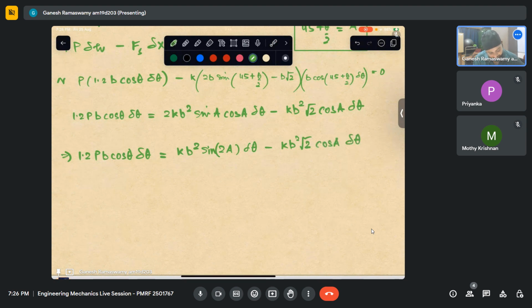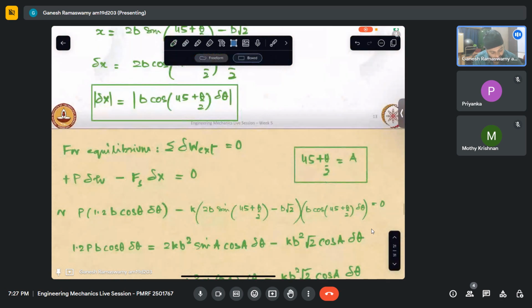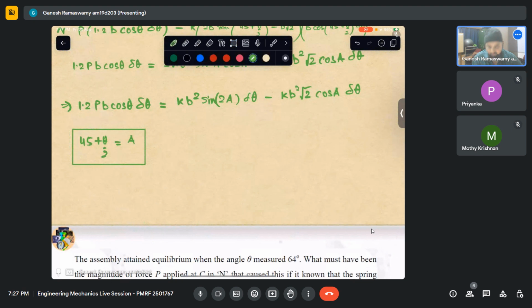Now let us substitute back. We had taken A to be this, so 2A will be 90 plus theta. Therefore, sin 2A will be sin(90 + theta), which is nothing but cos theta. A little bit of trigonometry.